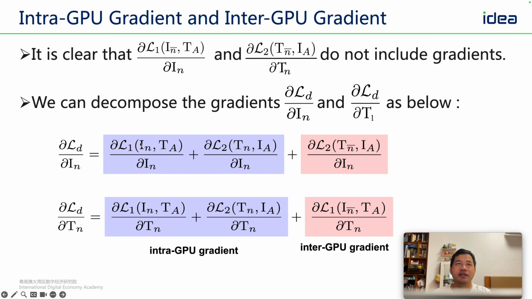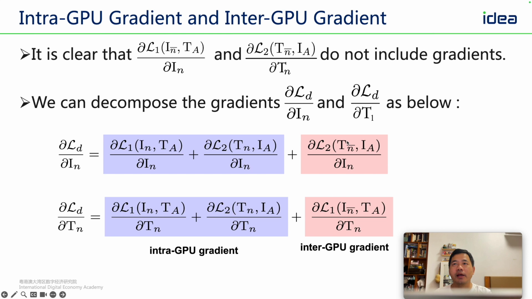Let's see this. I_n TA and T_n IA is only a slice of the full similarity matrix. So this will be very small, and this will also be very small, in terms of GPU memory and computational cost. And for this part, actually it will be large, but it will not be calculated in the current GPU, the nth GPU.